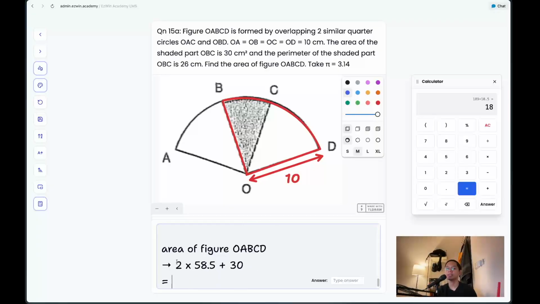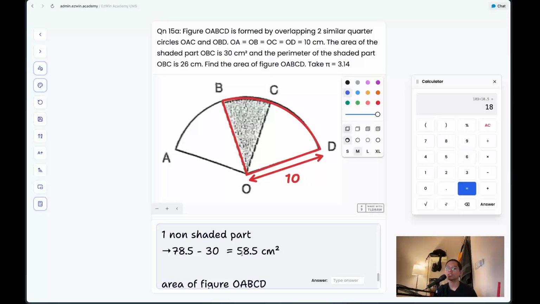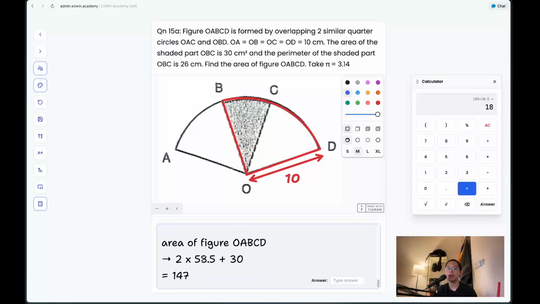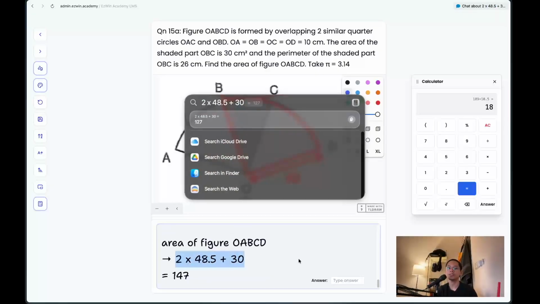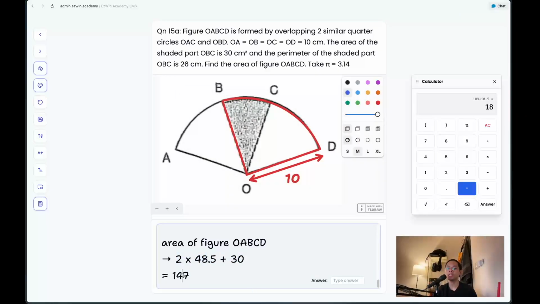Sorry, my calculation was wrong. 78.5 minus 30 is 48.5. My bad. So in this case, instead of 147, it will be 127. Okay, so that's the answer, 127 centimeter square.